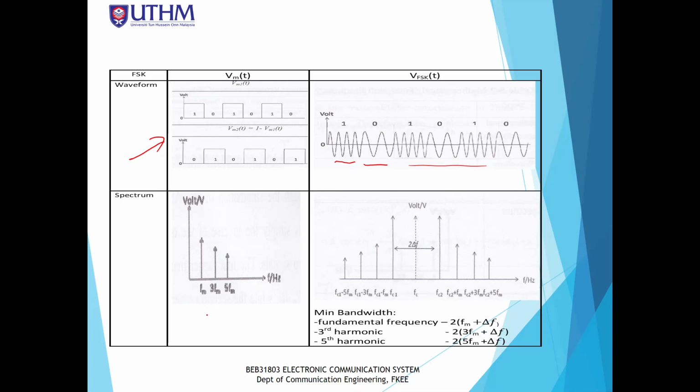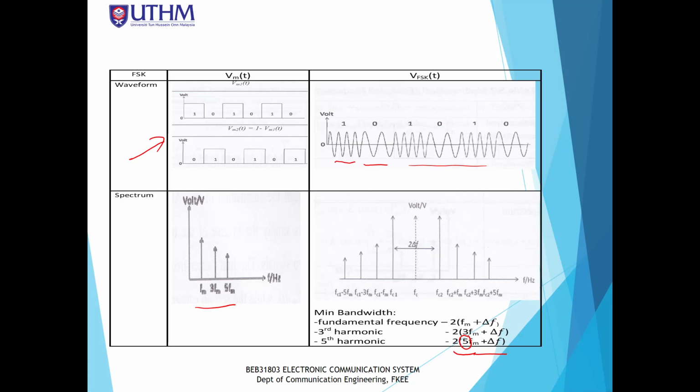So what about the frequency spectrum for the bandwidth? For the bandwidth, if the input is up to the 5th harmonics, the equation for the bandwidth is based on Carson's rule: 2fm plus delta f, sorry, xfm plus delta f. If it is up to 5th harmonics, that means we need to add 5fm here because the input is up to 5th harmonics, plus delta f.